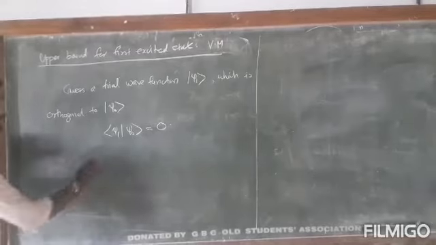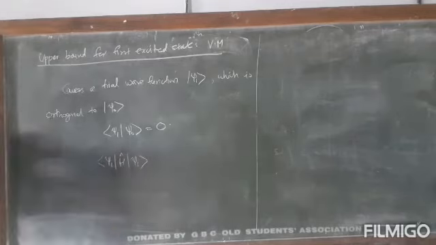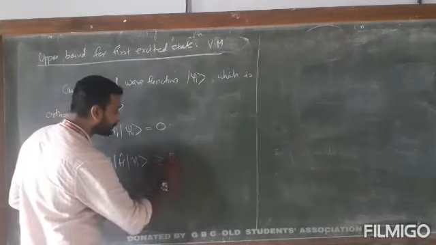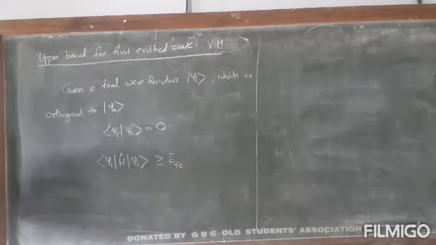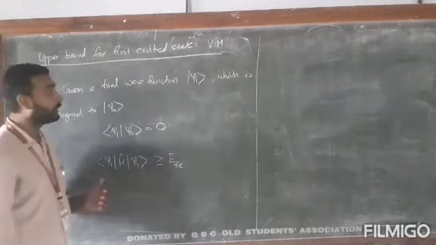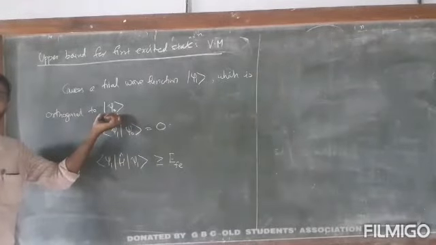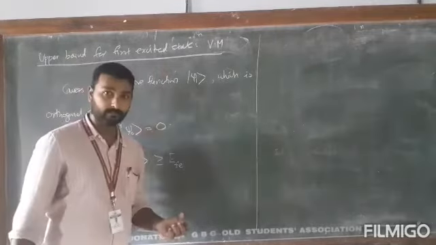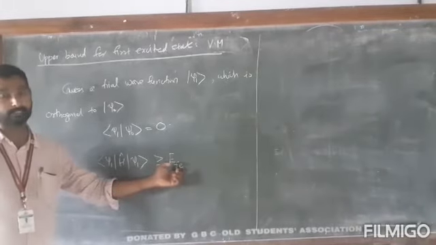Then what will be the expectation value of the Hamiltonian in psi 1? That would obviously be greater than or equal to the energy of the first excited state. That is the idea. If you are able to guess a trial wave function which is orthogonal to psi 0, the trial wave function used to find the upper bound of the ground state energy, then the expectation value of the Hamiltonian in psi 1 would always be greater than or equal to the energy of the first excited state.